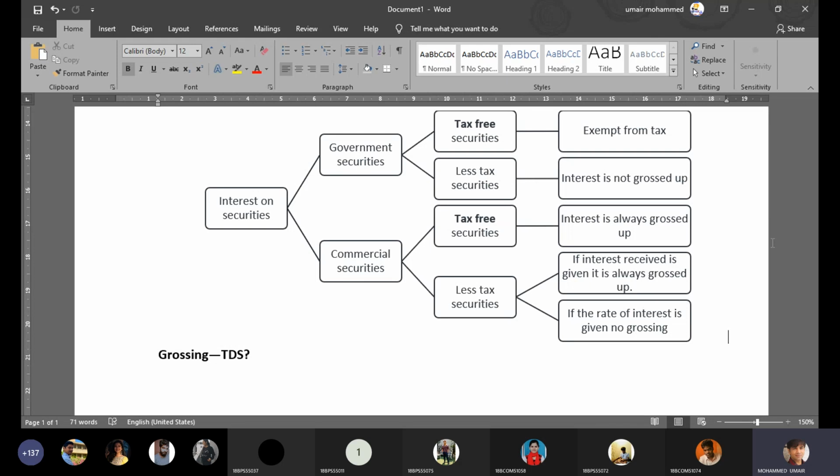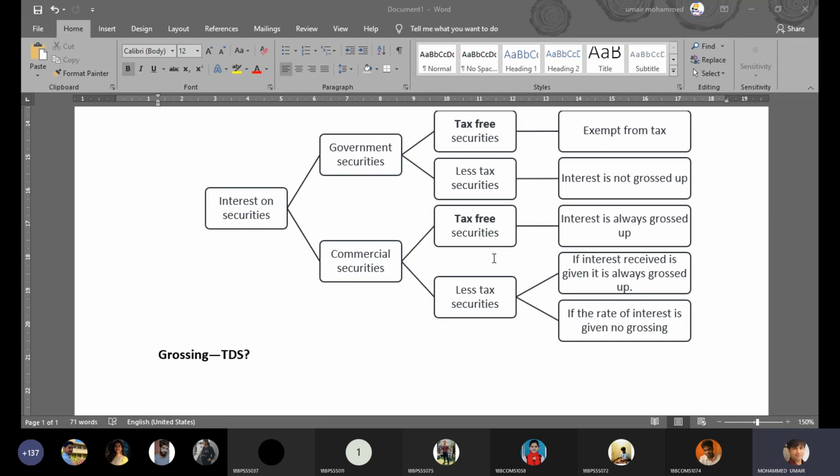It is taxable. Now you might wonder, when it is taxable, why are you calling it tax-free? The reason why we are calling this tax-free is because the tax is paid on behalf of the investor. The tax is paid by the issuing company.